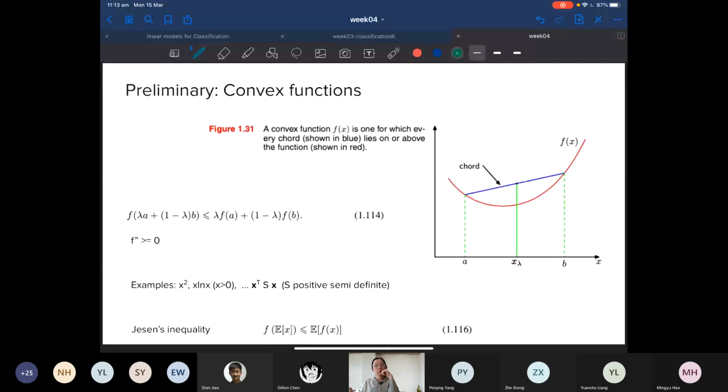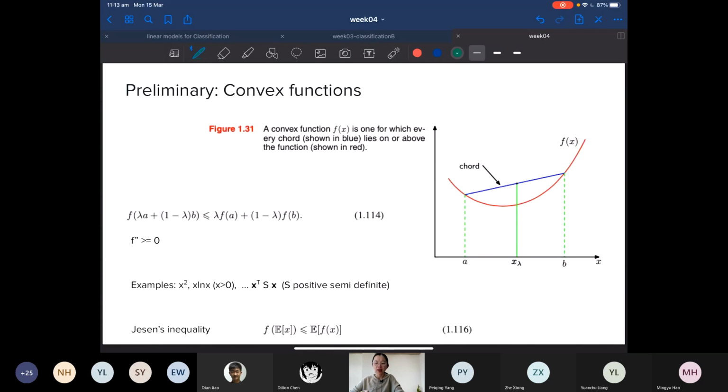Before that, since we will be talking about optimization a little bit, a primer for this time is convex functions. What are convex functions? Some of you may have encountered them. Some of you have not. So this 1 minute preliminary is mainly for those who have not, or if you have encountered it but forgot.